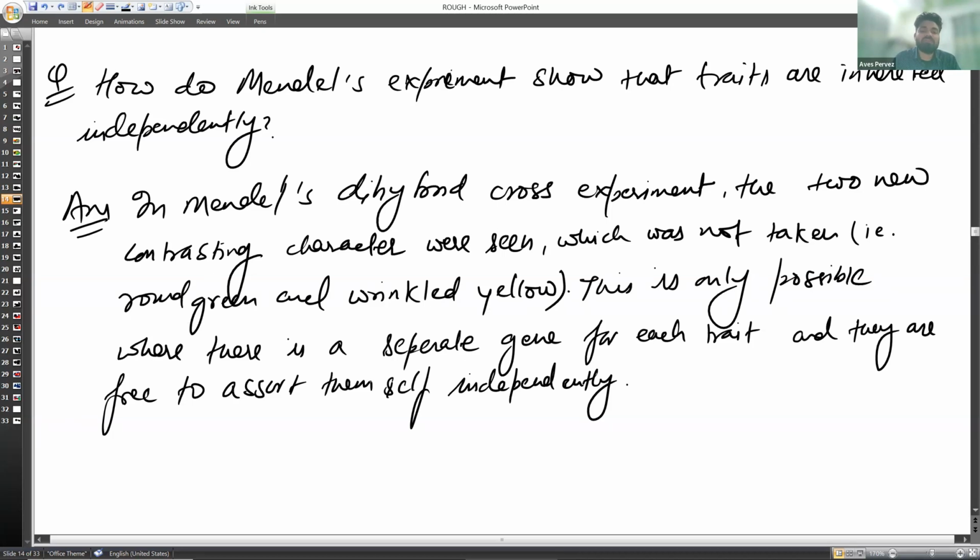This is only possible when there is a separate gene for each trait and they are free to assort themselves independently. Note it down fast.